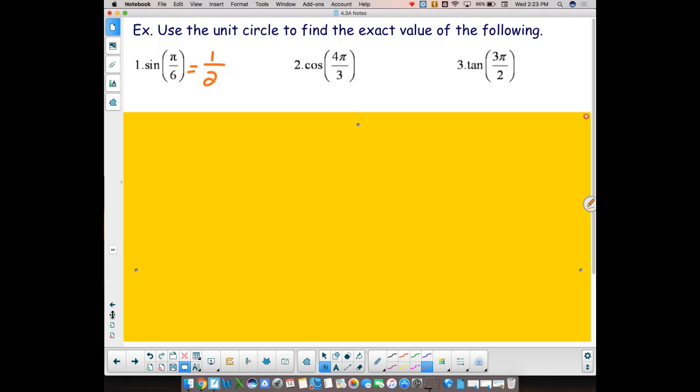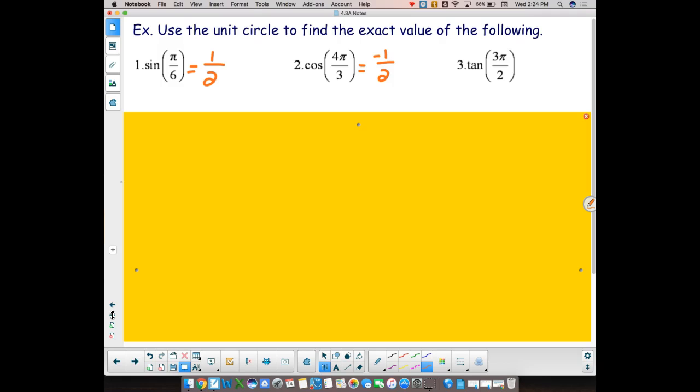Cosine of 4 pi over 3. Can anybody tell me what the cosine of 4 pi over 3 is? Do we agree with negative 1/2? I would concur that the cosine is negative 1/2. The tangent at 3 pi over 2. Tangent, remember, is y over x.